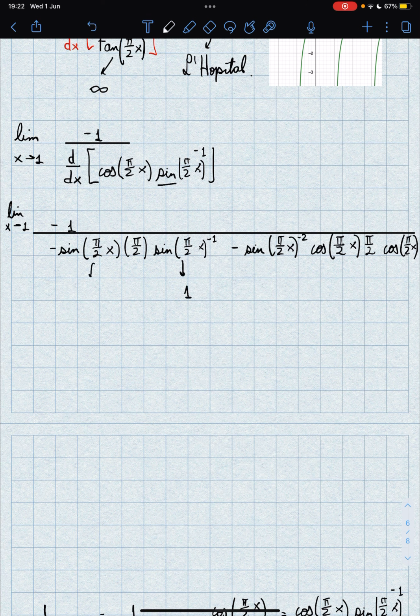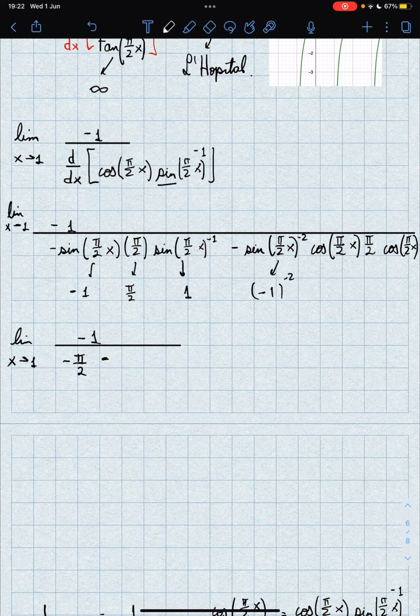And this one is minus 1, and here I have pi over 2. So what I have is the limit when x goes to 1. Sorry, here is minus 1. Here I have minus pi over 2, minus 1 over minus 2.